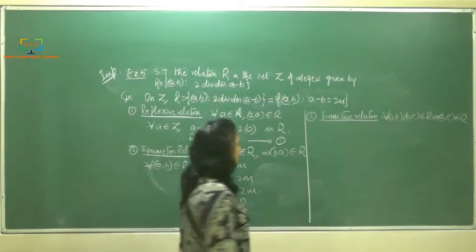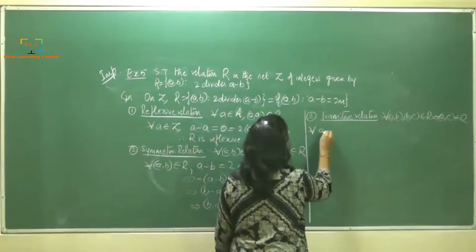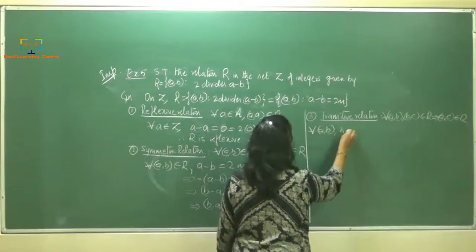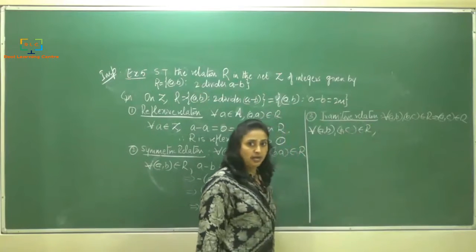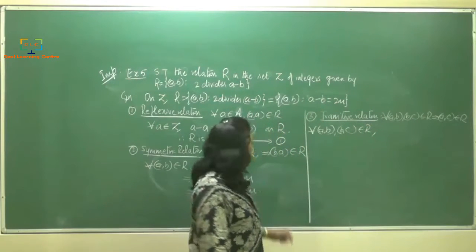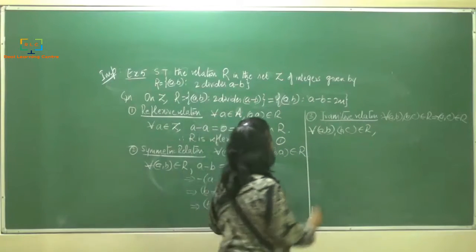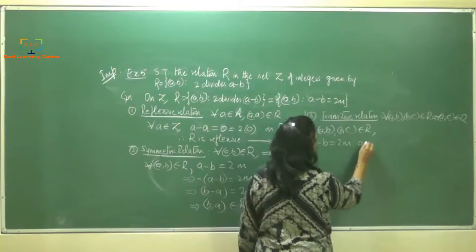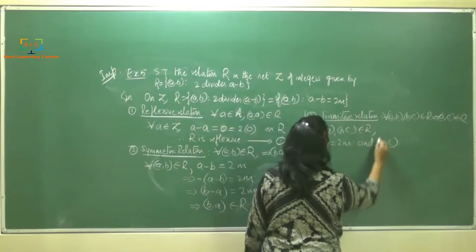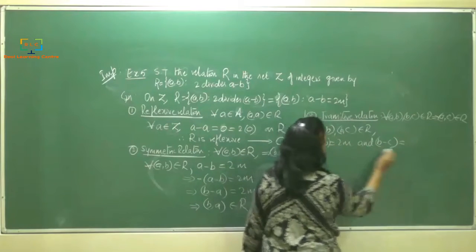So I'll write, for all (a, b), (b, c) belonging to the relation R, they are already true inside the relation, which is holding good.